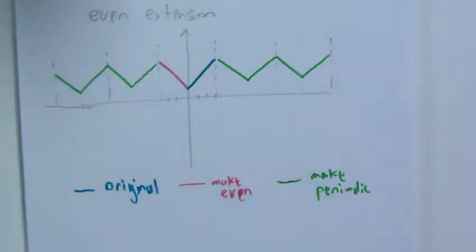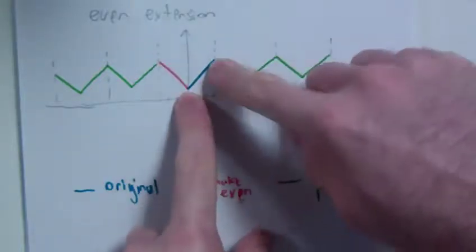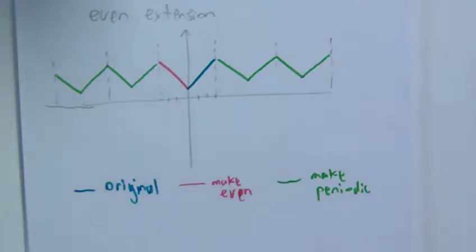That's my key of the order I did it in, just so you can see. So first I make it even, and then I copy that. Unfortunately, my graph is nice and symmetrical here. It'll always do that if it's even, but making it odd would have been a very interesting thing.